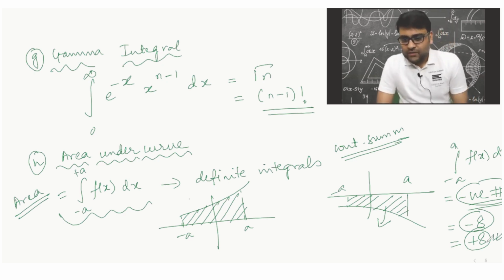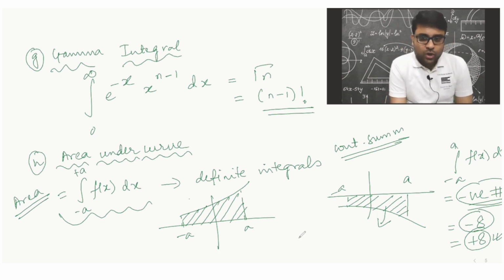So this has to be understood. Whenever you find the area under the curve, it's a very good idea to draw the diagram. If they ask for the area under the curve for a graph like this, between this value and this value, firstly the area will come out negative here, and then positive.